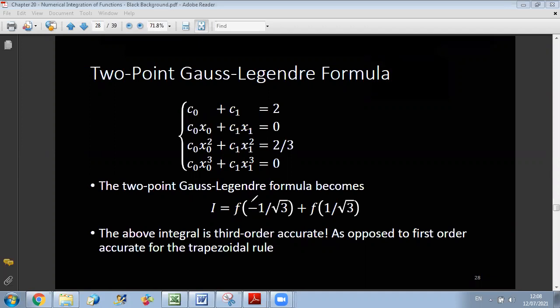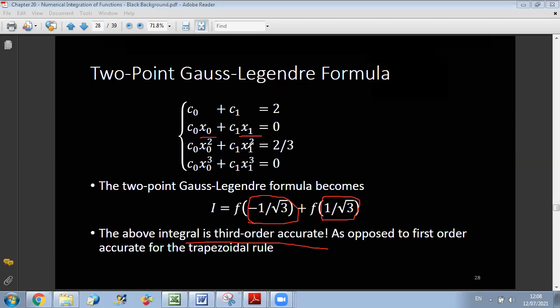If you have a higher order, this method will reduce the error compared to the trapezoidal rule because it's third order accurate. Despite using a linear function, you are obtaining a third order accurate integral. So you gain 2 degrees of accuracy because you have the freedom to select the 2 points x0 and x1. It was shown that the optimal location is x0 equal to minus 1 over radical 3 and x1 equal to 1 over radical 3, with coefficients c0 and c1 equal to 1.